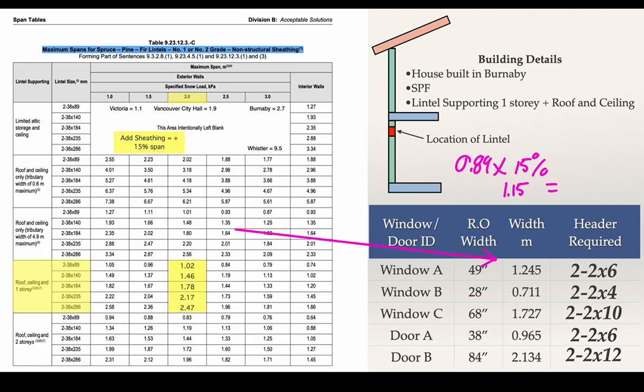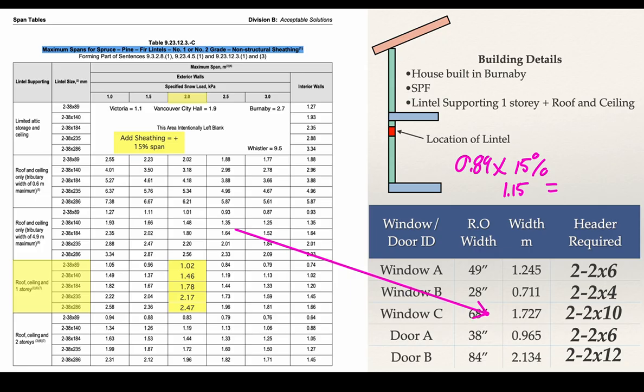So let's see. I just changed this here to give us our width in meters already. So 49-inch here, 1.245. Let's see if we can get less than a double 2x6. We can't go double 2x4, it's too big. So it stays a double 2x6. Here, we're already happy with double 2x4. It's not going to go lower than that, so that stays the same.